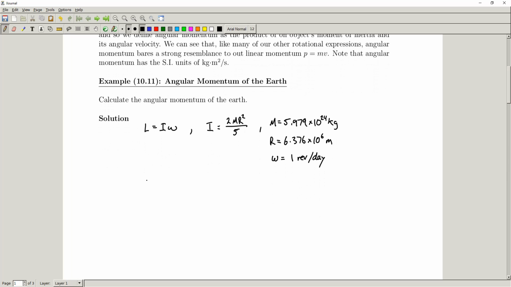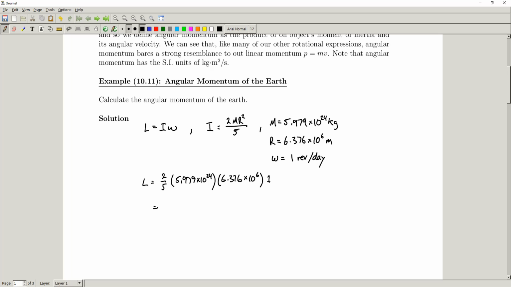So we have L, which is going to be equal to 2/5, so I'll just pull that out on its own. Then we're going to have our mass, our radius squared, and our omega here, but we know it's 1 revolution per day, so that's just going to be a 1, and we're going to make the conversion in a moment.